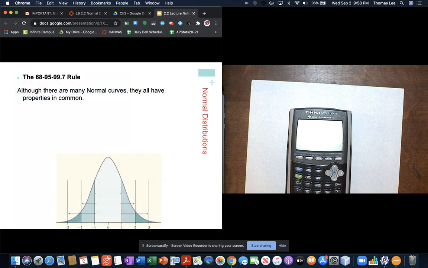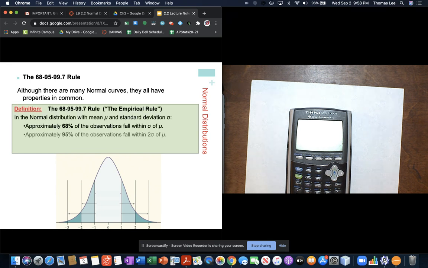Okay, and the last big thing that we learned was what's called the empirical rule. Now, this is not a law. This is not 100% accurate, but again, it's like a model of the model, right? We're modeling something from this normal curve model. And what we're modeling is this empirical rule right here.